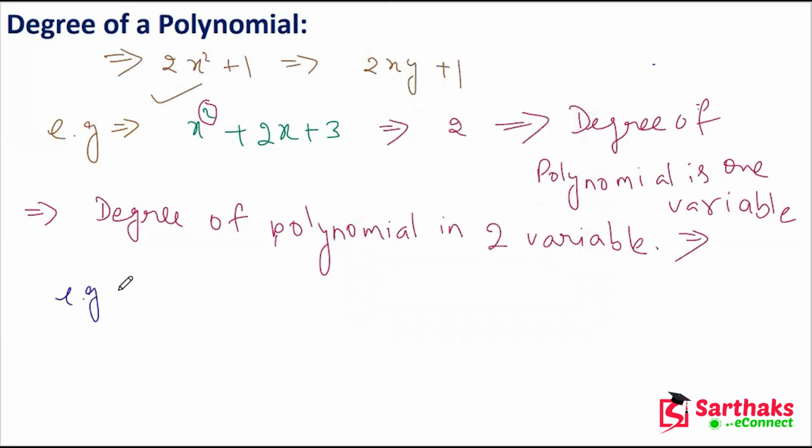For example, we have an expression like 5x cubed plus 6x square plus 12y cube.